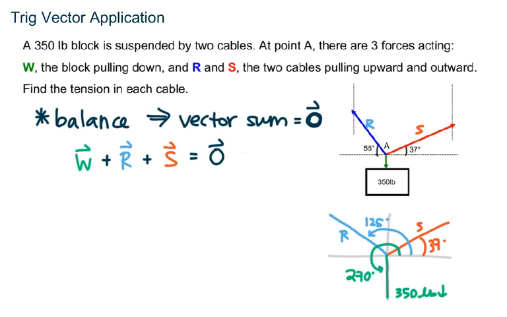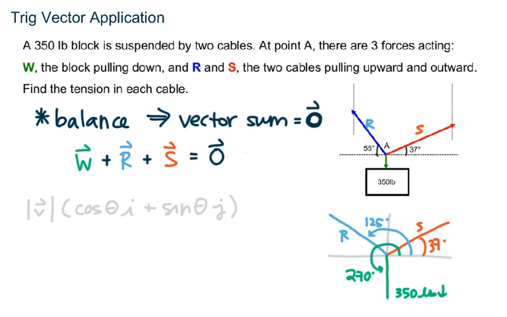So the first thing we want to do is write each of these three vectors in our trig component vector form. So our trig component vector form says we're going to have the magnitude of the vector times cosine theta i plus sine theta j. This is a pattern that we'll use, with the unit vector i in the horizontal position having cosine attached to it, and then j, a vertical unit vector, attached to sine.